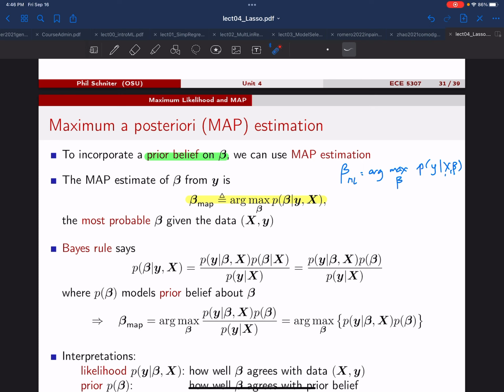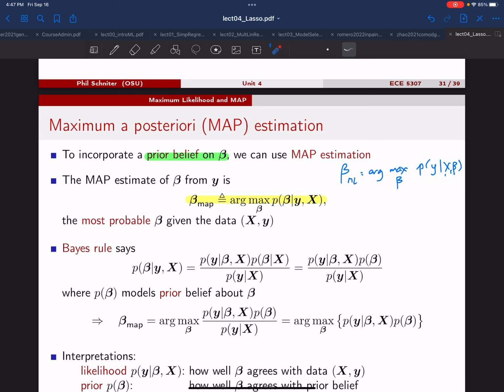Now we're doing something where we've actually swapped the ordering here. We're maximizing the probability of beta given our data x and y. Here, we're maximizing these model parameters so that they best explain y and x in this way. So we've kind of moved things around.